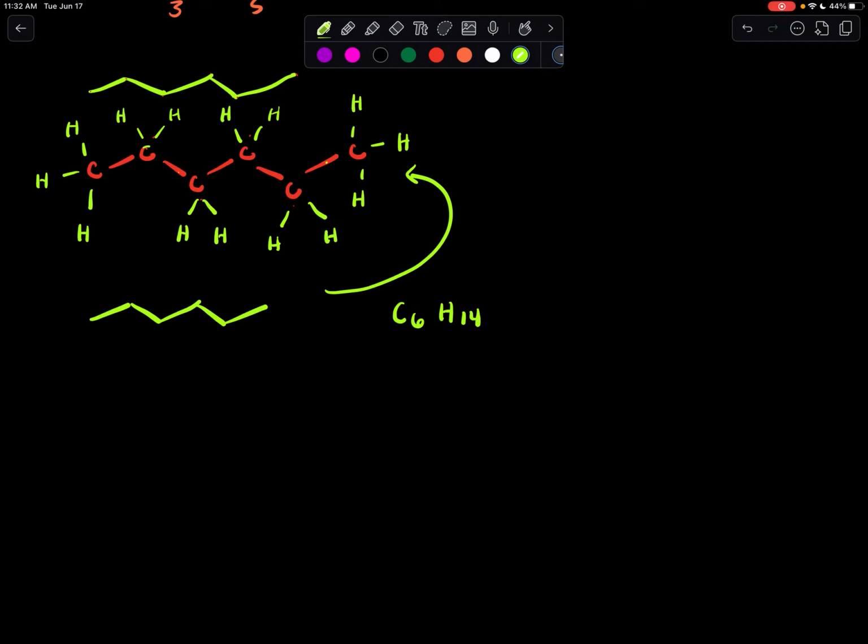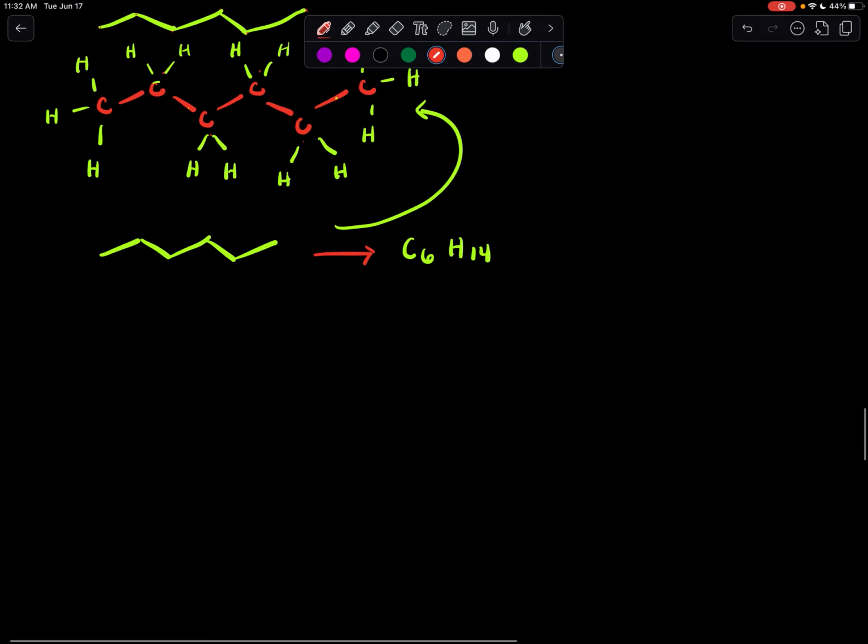So this line structure to the left is equal to the molecular formula of C6H14. It's another way to draw it. So now you're taking this C6H14 and you're making it into a line structure.